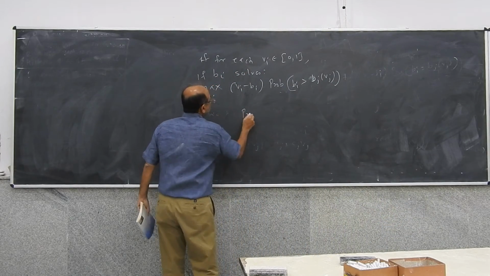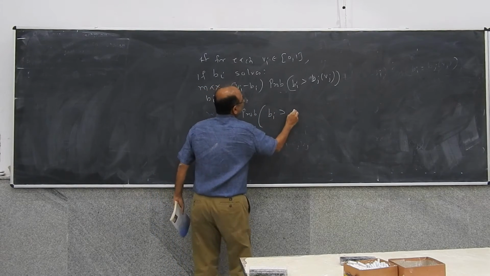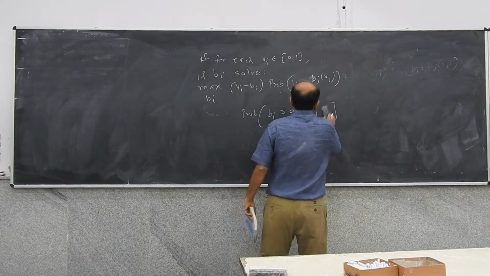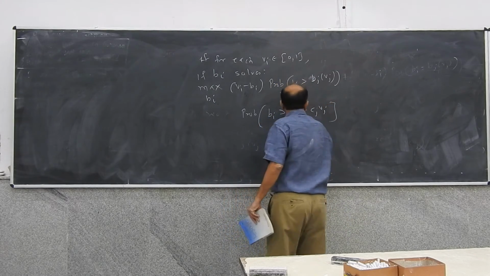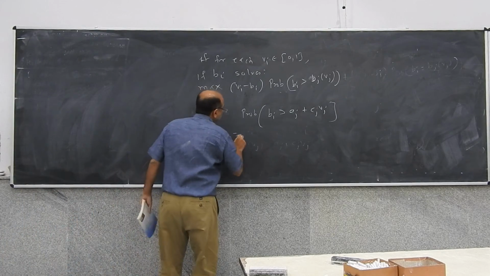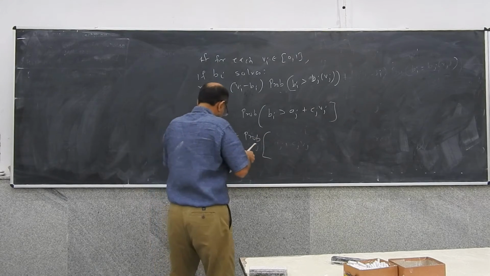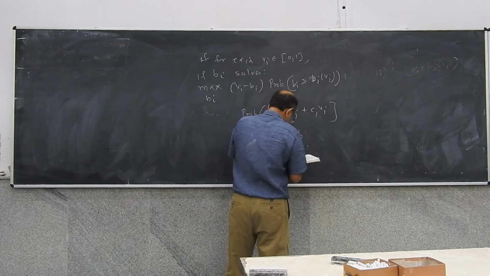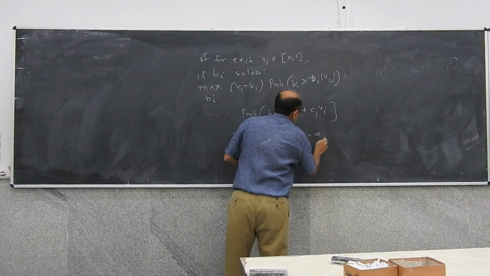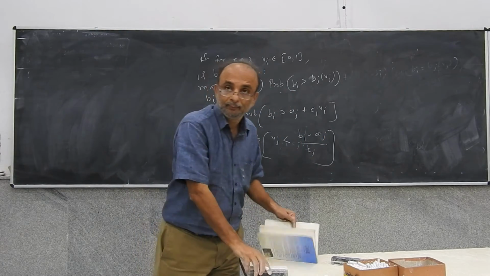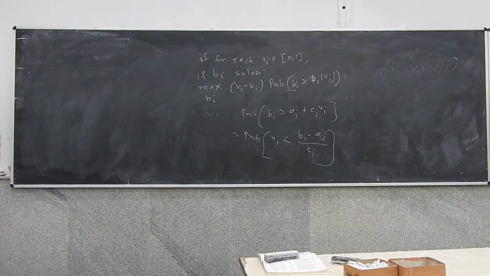We are looking for the probability that Bi is greater than Bj of Vj, which is nothing but the probability that Vj is less than Bi minus Aj upon Cj.